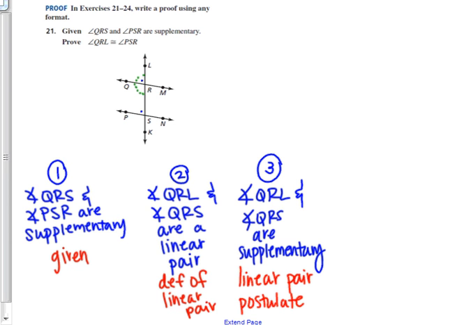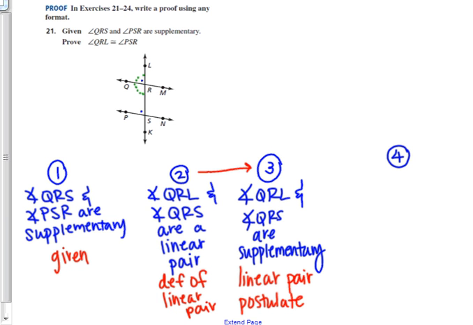All right. And I'm going to go ahead and draw a line between these two. Created an if-then statement when I did that. And so my step 4, I'm going to say that finally I can say that QRL is congruent to PSR. And I know that because I have two angles that are supplementary, QRL and QRS.